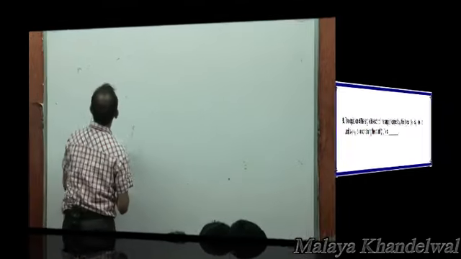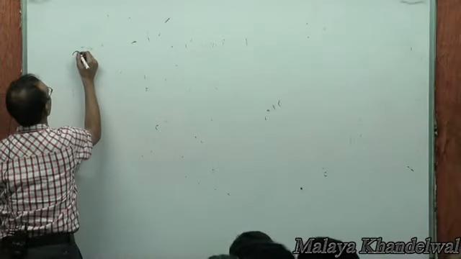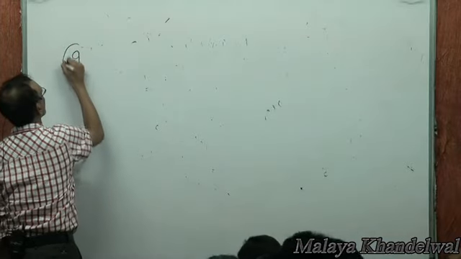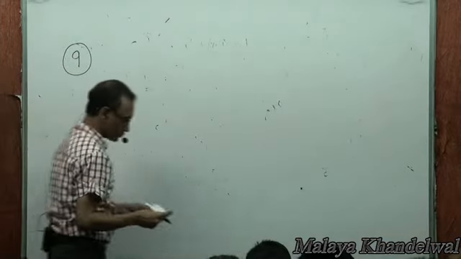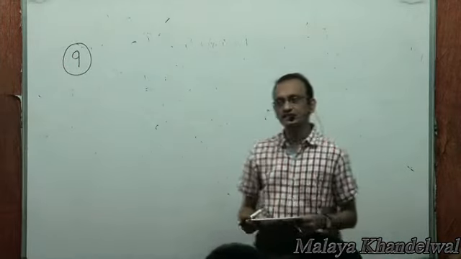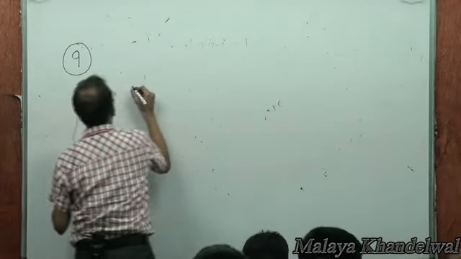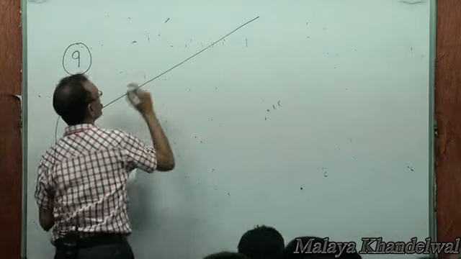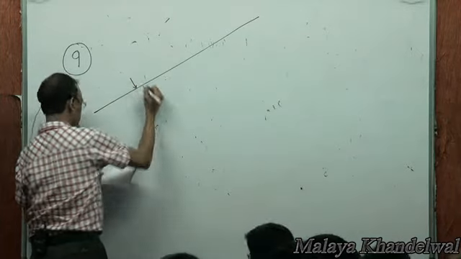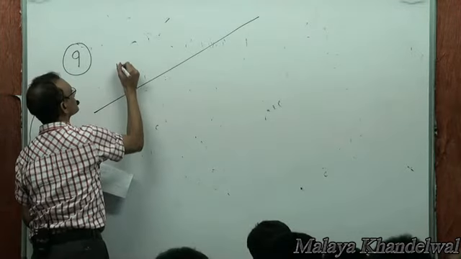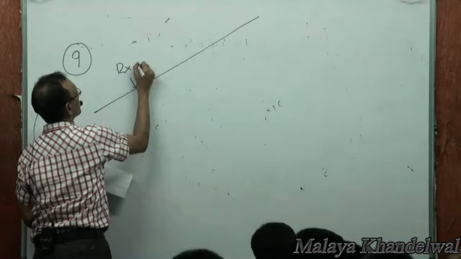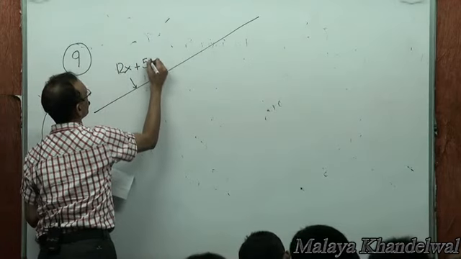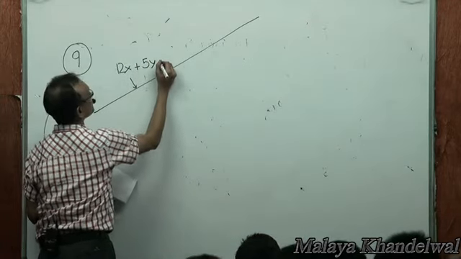Problem number 9. There are two lines given to us. This is one line: 12x plus 5y minus 10 equal to 0.